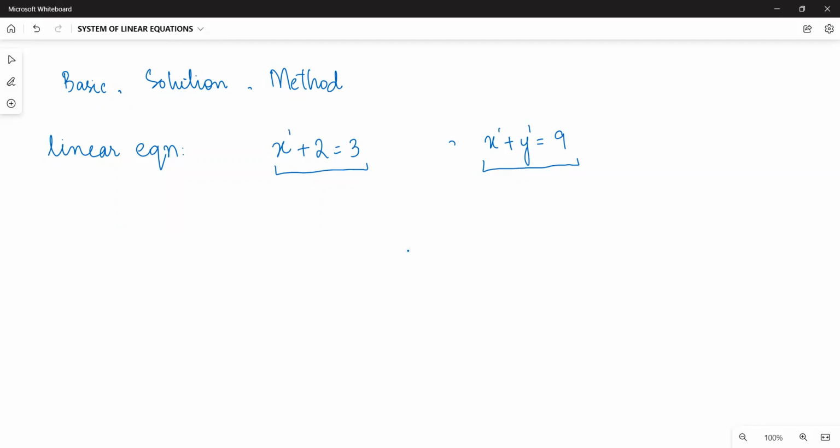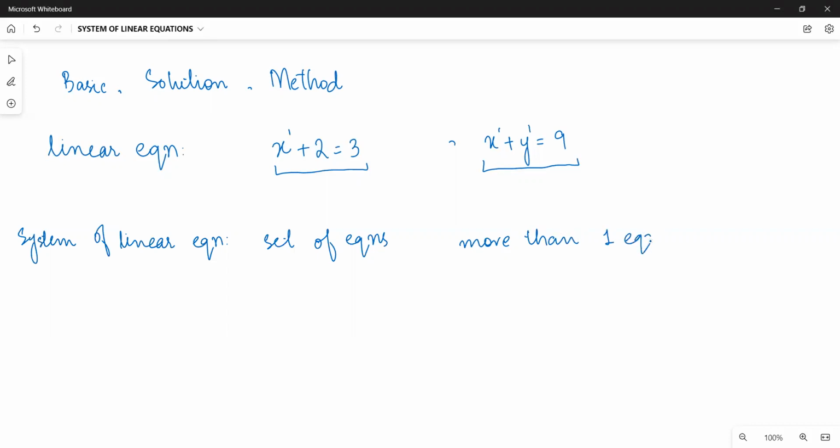Now, what is a system of linear equations? A system of linear equations is basically a set of equations in which we can have more than one equation and more than one variable.